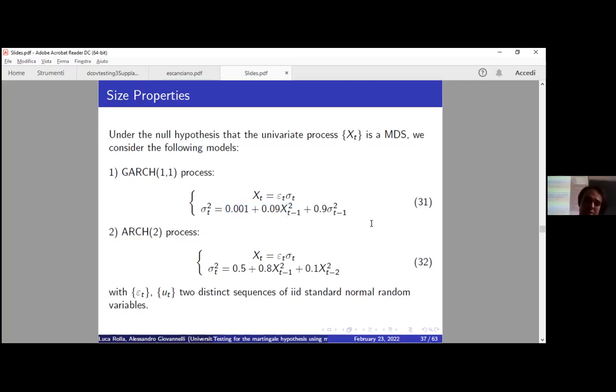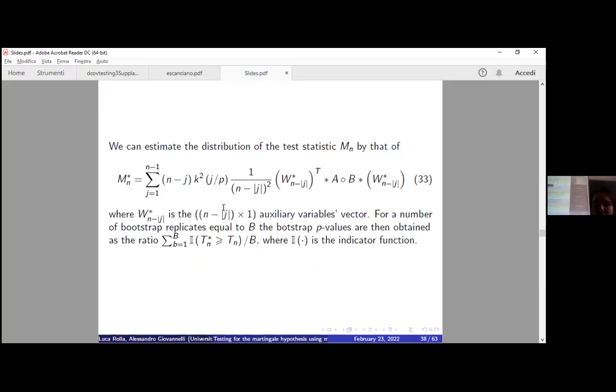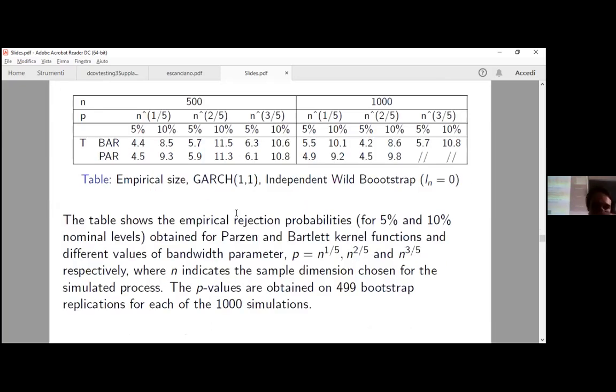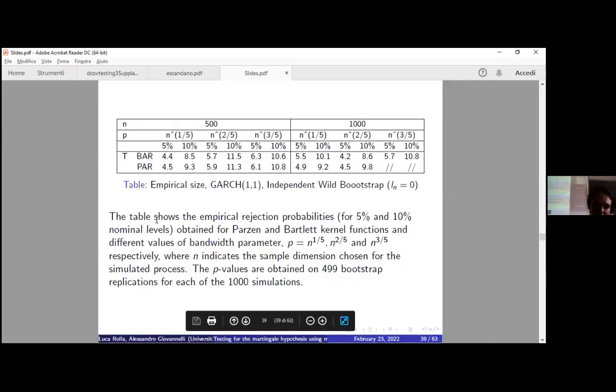This is for the GARCH(1,1), and we can see that we have different values of the bandwidth parameter in the kernel here, and we can see that the 5 and 10% values are always attained by the statistic as we increase the sample size.